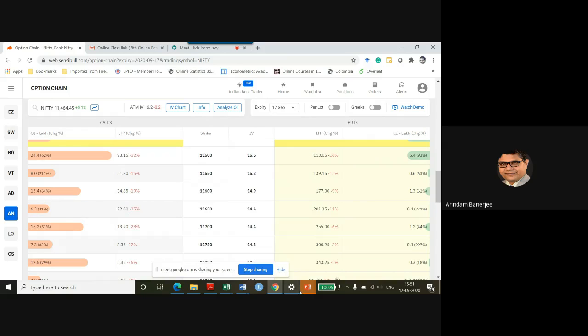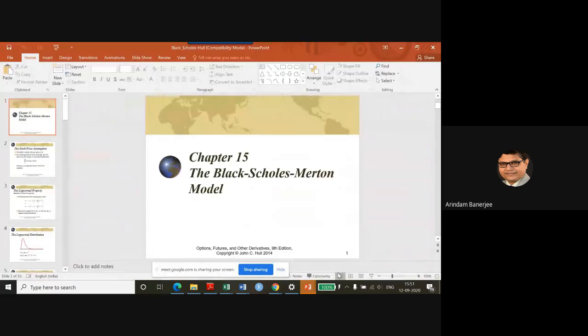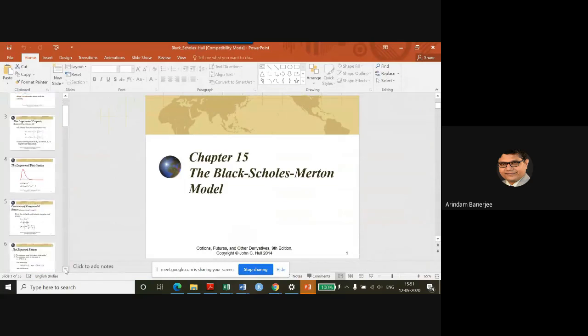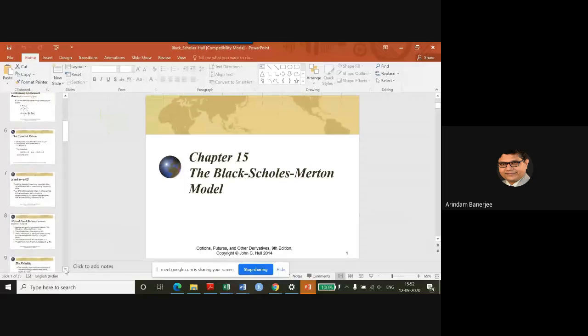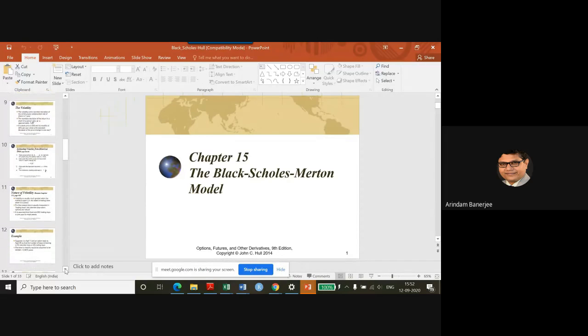Now, we will discuss implied volatility from the perspective of the Black and Scholes model. Black and Scholes is one of the most well-known models in finance, after CAPM.